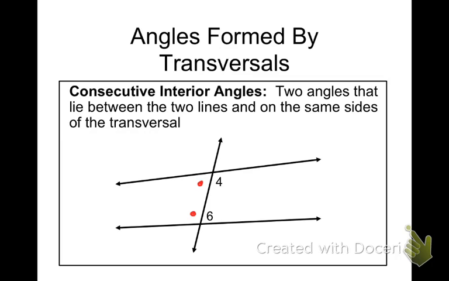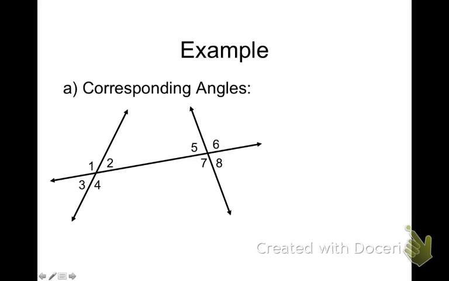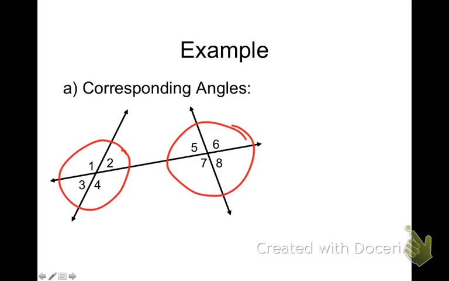All right, so if we look at the example down on the bottom, we need to find all of our matches. Give me a set of corresponding angles. Now be careful. Here's your set of 4 and here's your set of 4. So you're finding one from the left and finding one from the right. So 1 would be corresponding with 5. 1 is upper left, 5 is upper left.